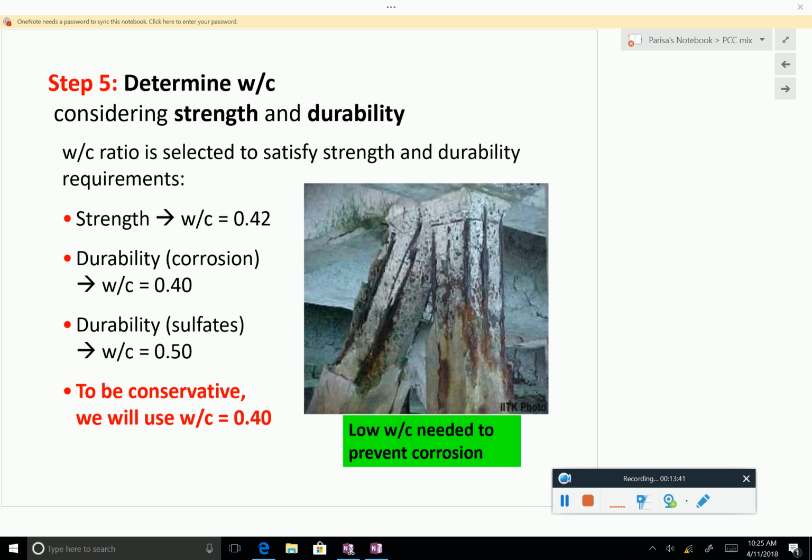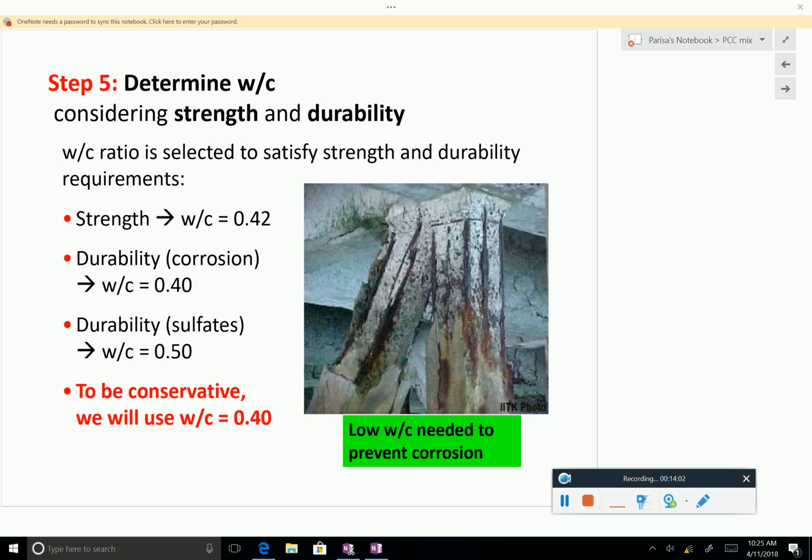So now we have designed our water to cement ratio, and we can start calculating. We know the maximum size of aggregate and slump, we decided on last time. We got now water to cement ratio, and we also found the amount of water in one table.